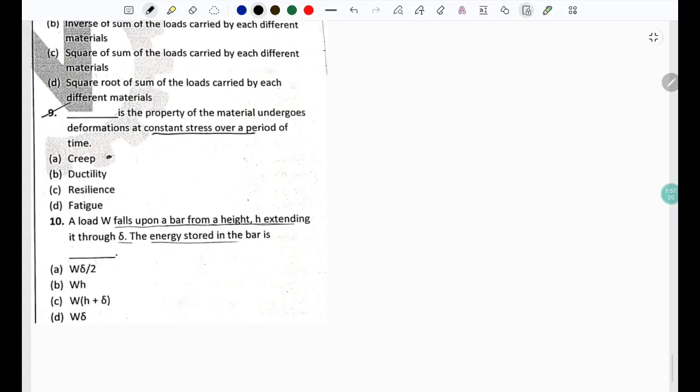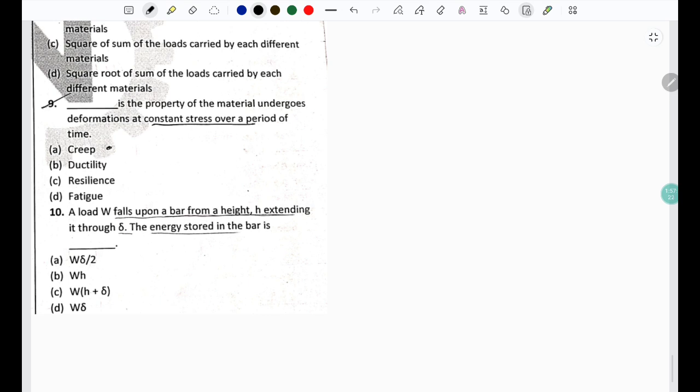Let's see these questions, starting from the 10th question, that a load W is falling upon a bar from a height h, extending it through delta, then the energy stored is.